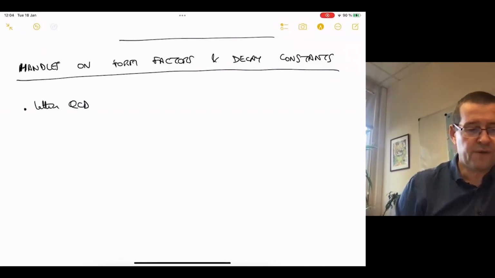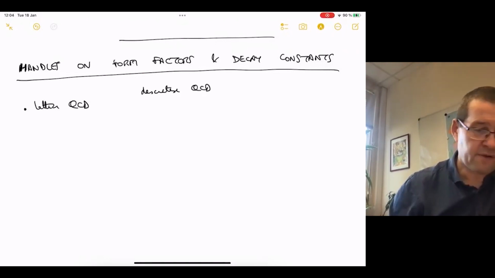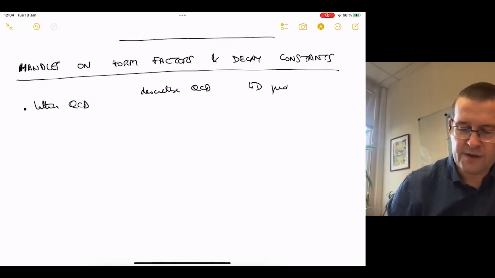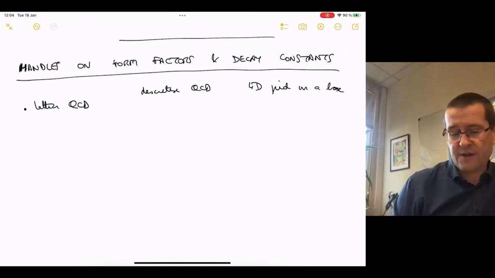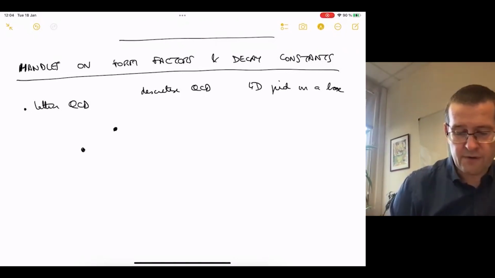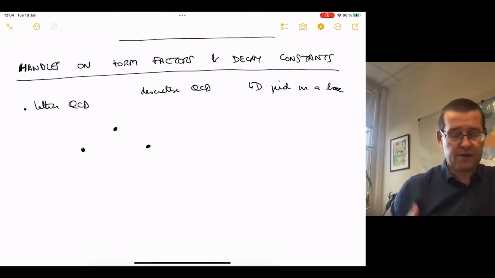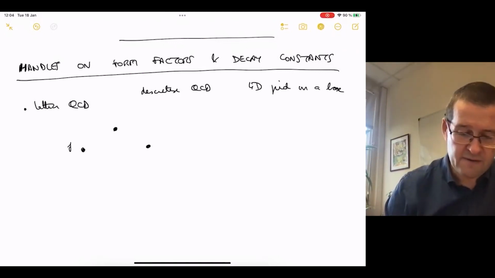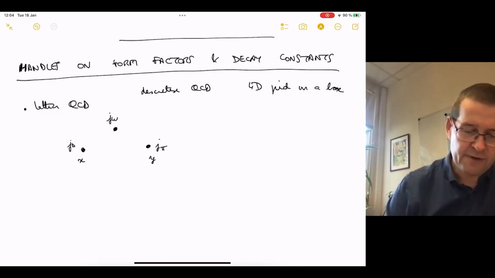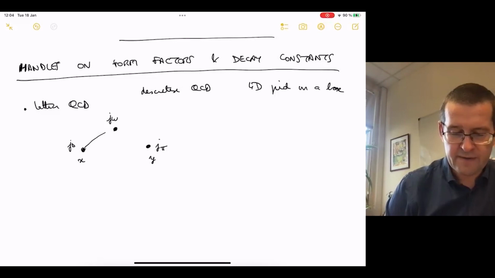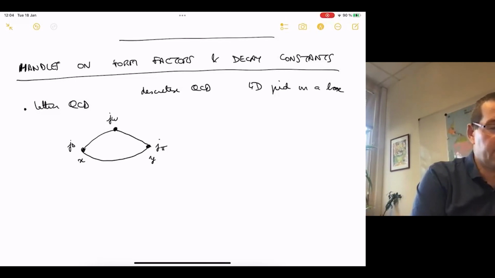So what do you do? You just discretize QCD. So it's a 4D grid in a box. And what you do is you put a discretized version of QCD, and then in some points of your grid, you put currents which have the quantum numbers of the mesons you're interested in.